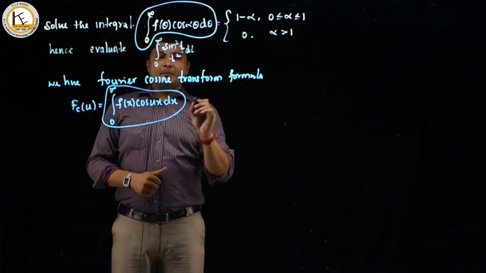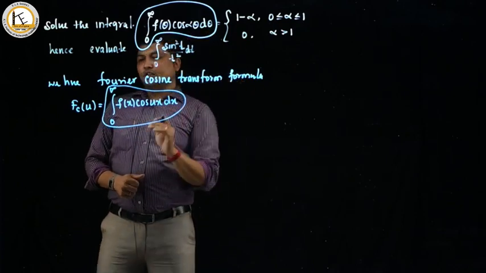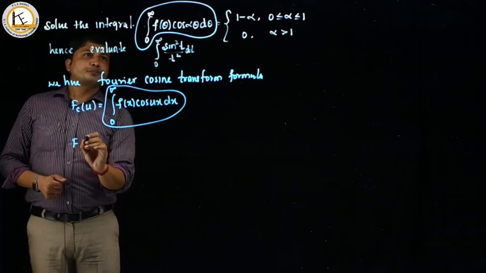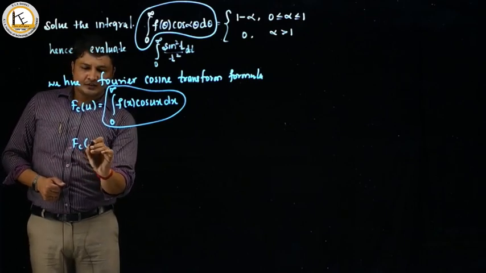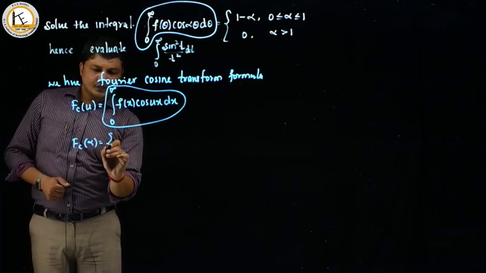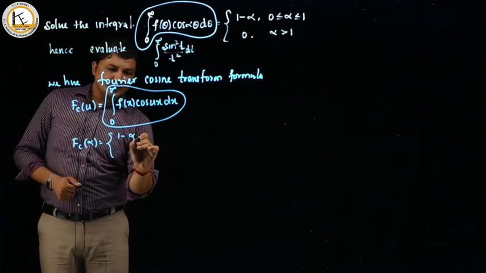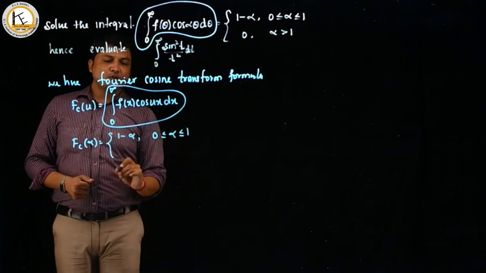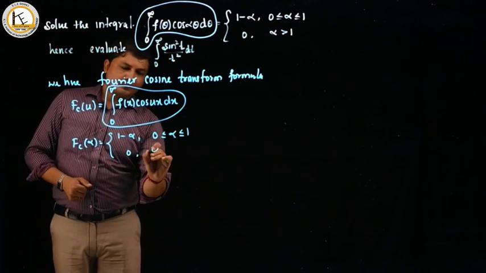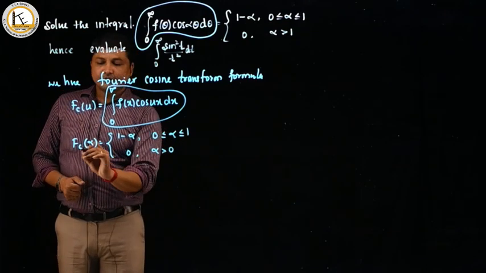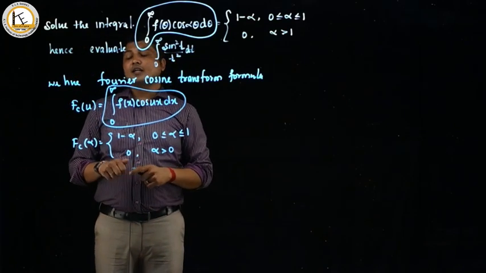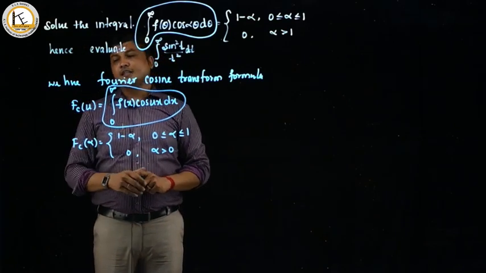Therefore, comparing both the equations, we come to know that fc of alpha is defined as 1 minus alpha, where alpha is lying between 0 and 1. So fc of alpha or fc of u is representing a Fourier cosine transform.